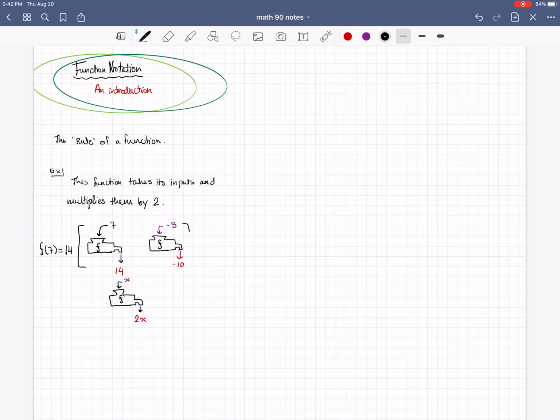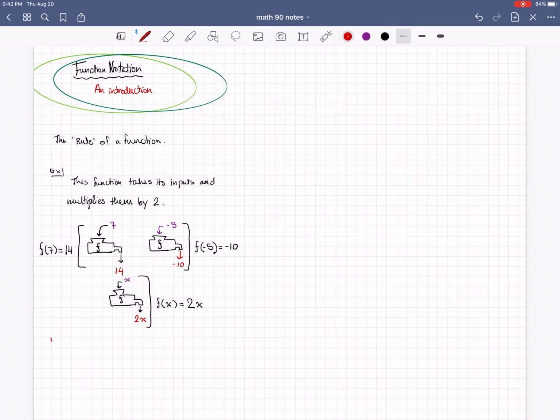What we would say here is the result of f having acted on -5 is -10. And what we would say here is the result of f having acted on x is 2x.